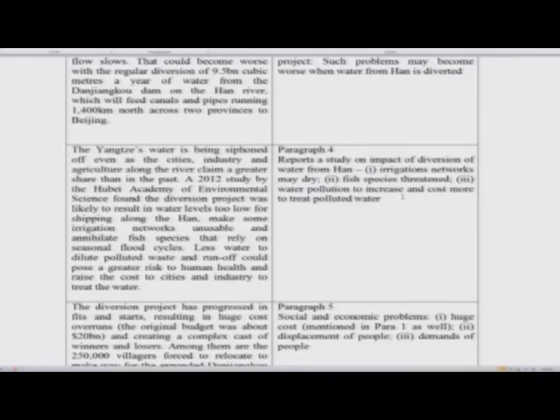So, this paragraph now introduces several other complications, particularly on the socio-economic front. So, one, the budget.